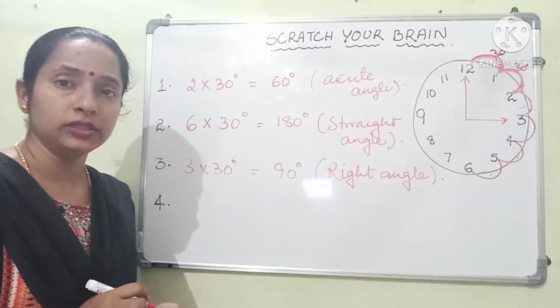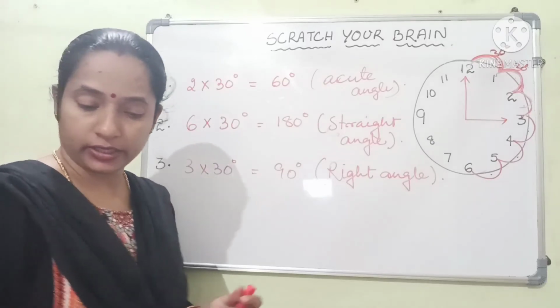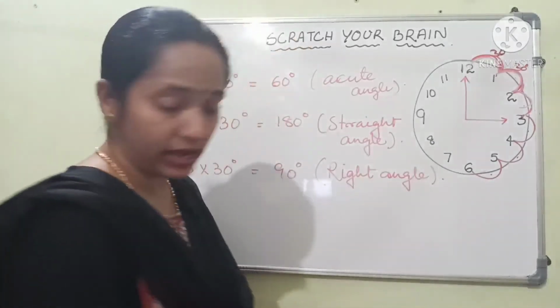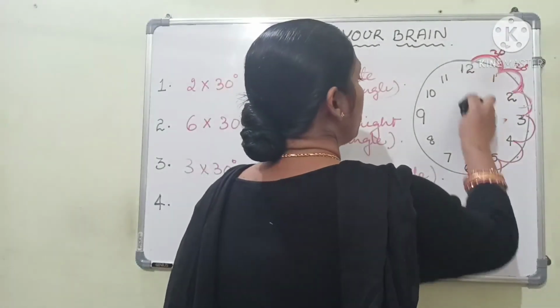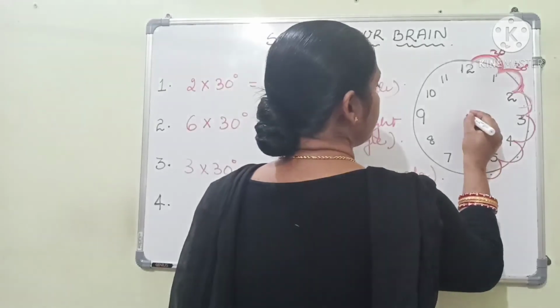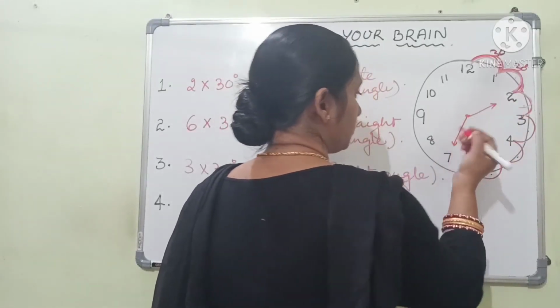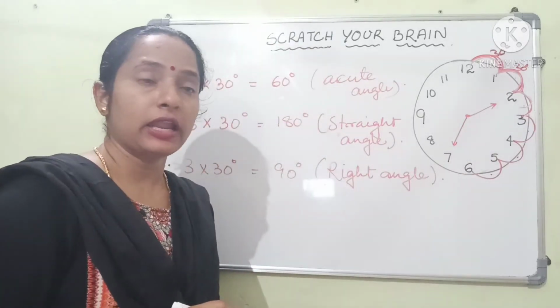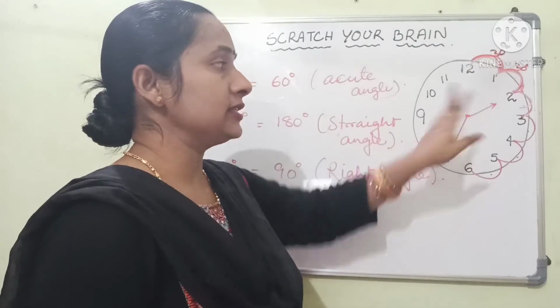Got my point, children? Next we have the angle where one hand is pointing towards 2, whereas the other hand is pointing towards 7. Now children, tell me what angle is formed by these hands.